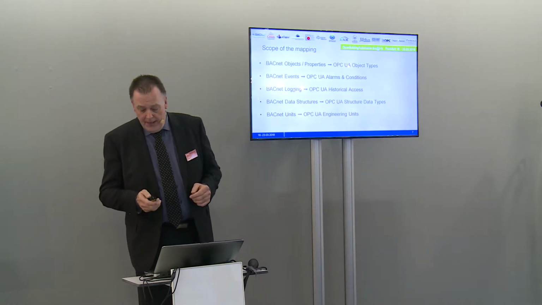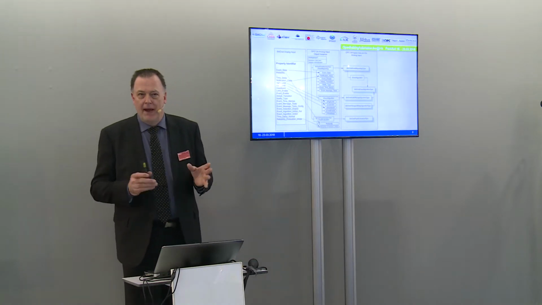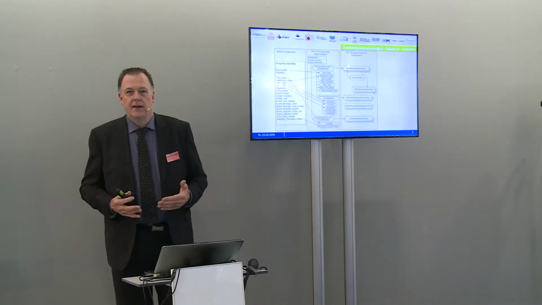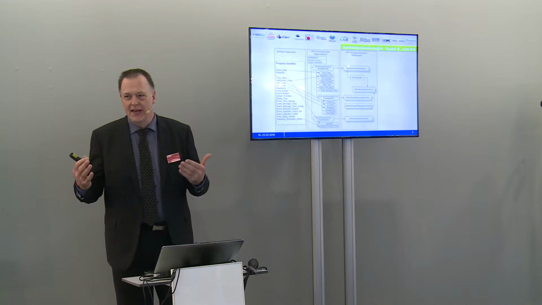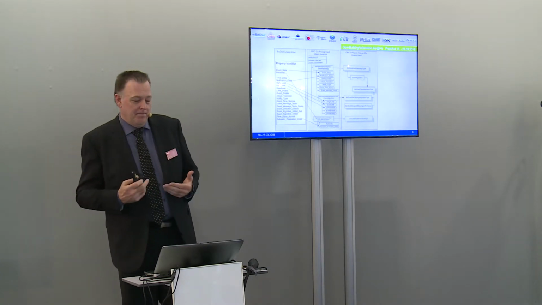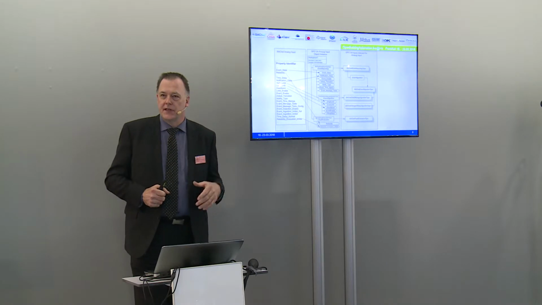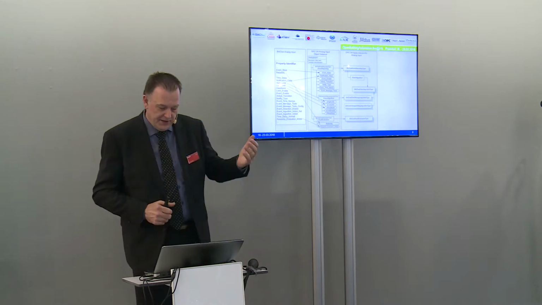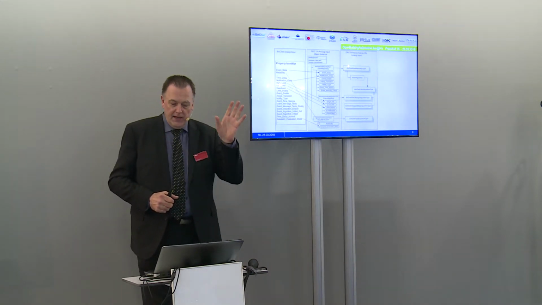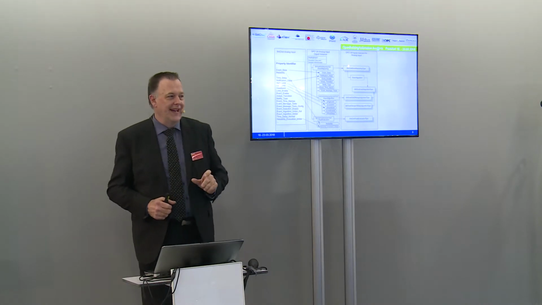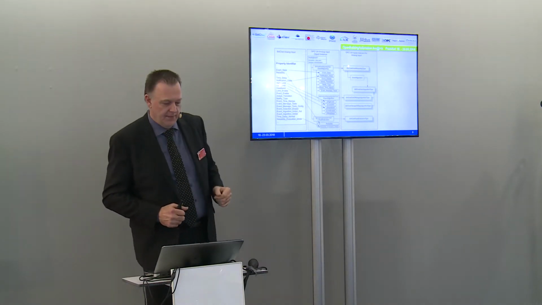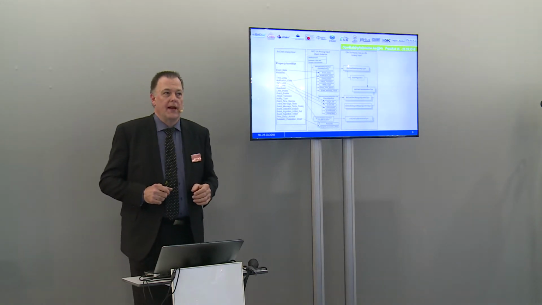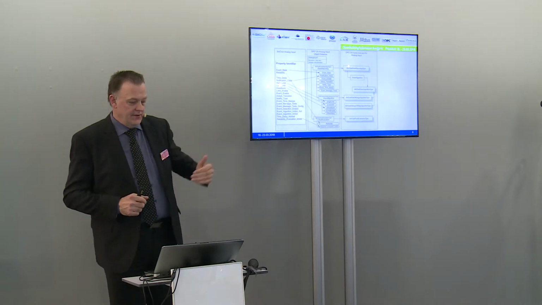But in the end, we started creating this mapping, and as you can see from the screens here, we succeeded, and we found out that both standards fit together very well. On the left-hand side, you see the BACnet object with its properties, like the current value, high limit, description text, etc. In the middle, we specified a 180-page document, which is of course available for you for free. Within this specification, we found a way to model exactly the BACnet data into OPC UA.